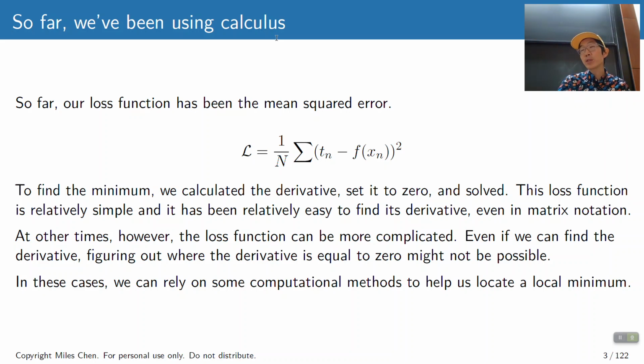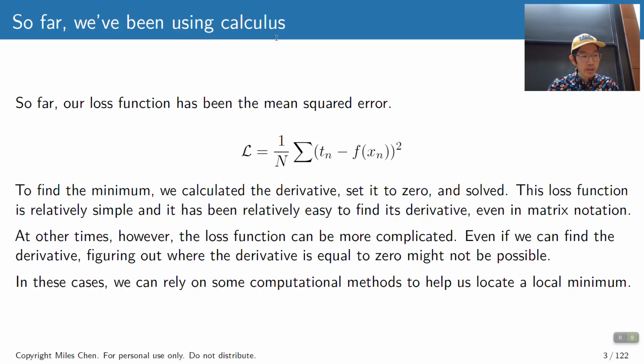And that works when your function is simple, okay? But a lot of times the loss function can get pretty complicated, and you might even be able to figure out the derivative, all right? You might be able to figure out the gradient of your loss function, okay? But setting it equal to 0 and then solving could become this intractable situation, all right?